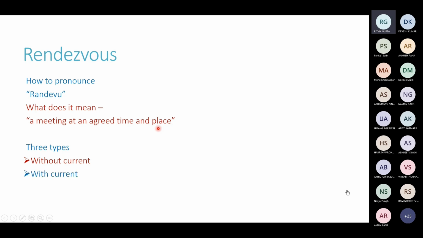Second type is when there is current in the area, which is affecting the target ship and is also affecting your ship. And the third category is when there is different current at own ship location and the target ship location. So you have different currents at both the locations. So we will do these three types one by one.